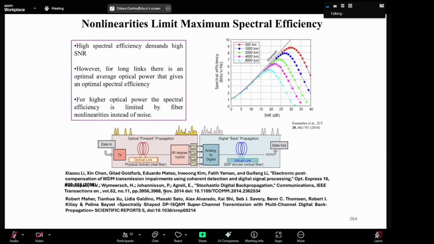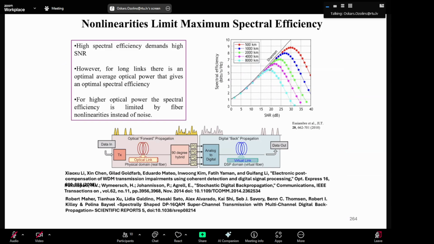Then, as I told you, there are these nonlinear effects which limit how far we can transmit, and they decrease the transmission. These nonlinear effects increase with distance, up to 8,000 kilometers. Basically, they accumulate quite a bit.